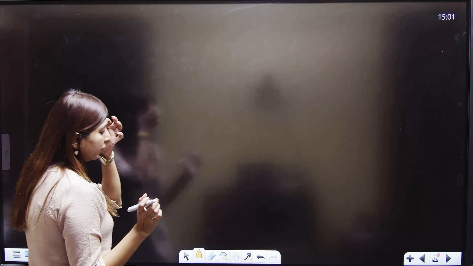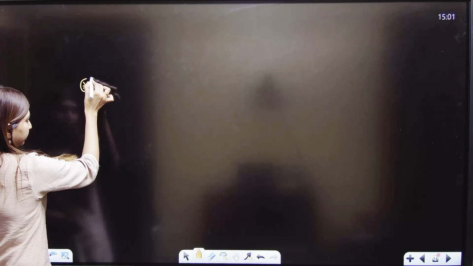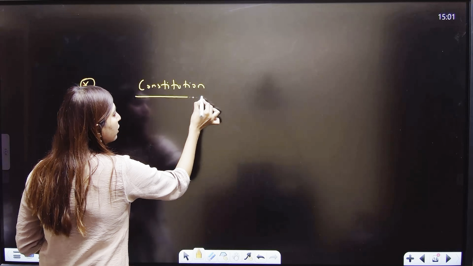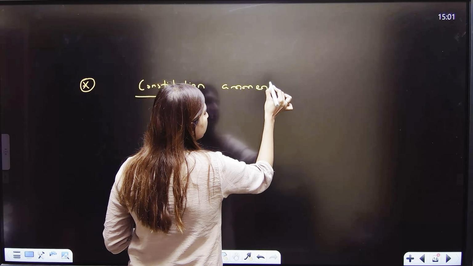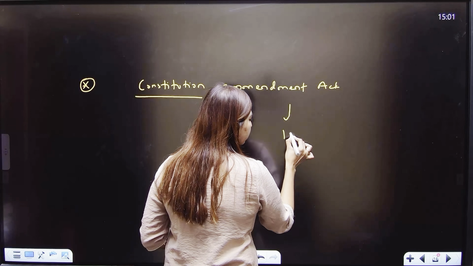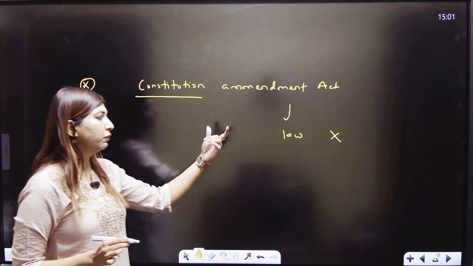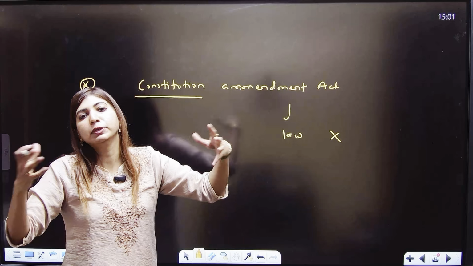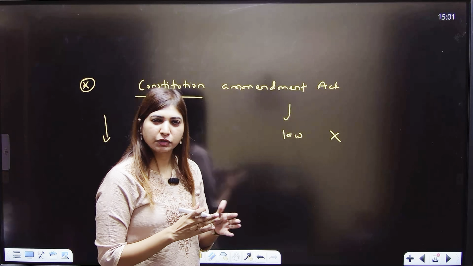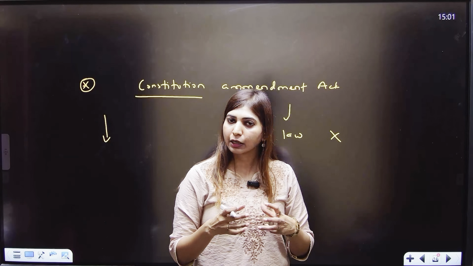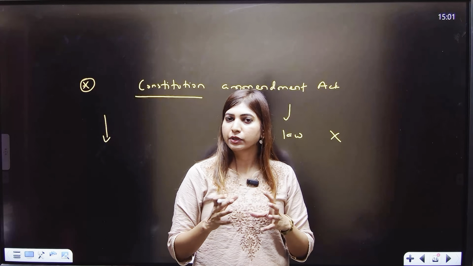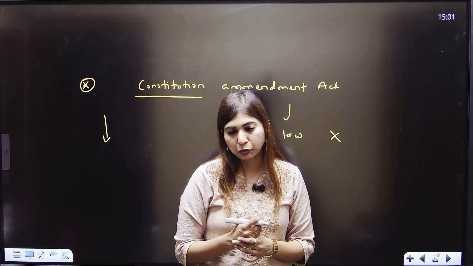Here is one more thing we have to understand. There is a constitutional amendment, which we are going to learn in detail. When you make a constitutional amendment act, is it a law under Article 13? They said no, it will not be considered law under Article 13, so it cannot be challenged. But there were many controversies, and we'll learn the case laws regarding it, when there was a tussle between Parliament and the judiciary regarding these amendments, and also the doctrine of basic structure in detail.